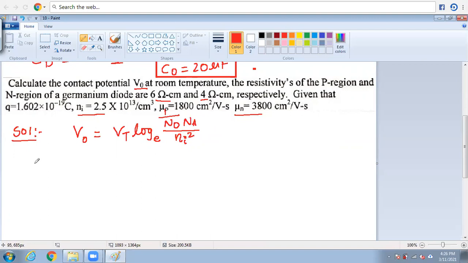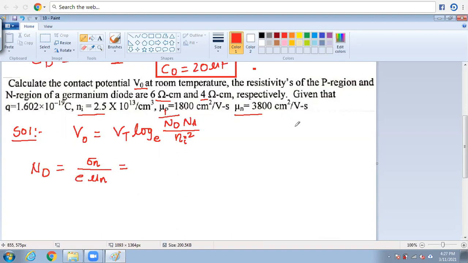Let's start with ND, the donor concentration. ND equals sigma N by E into mu N. You have to write it in the suffix. Sigma N is nothing but 1 by resistivity.